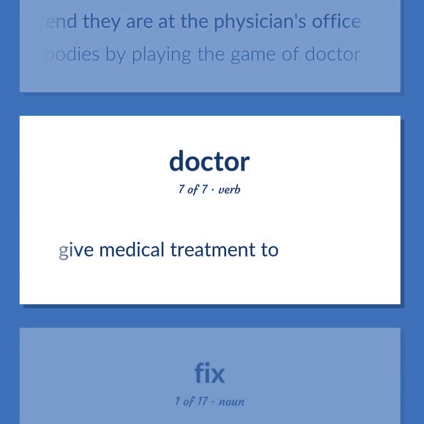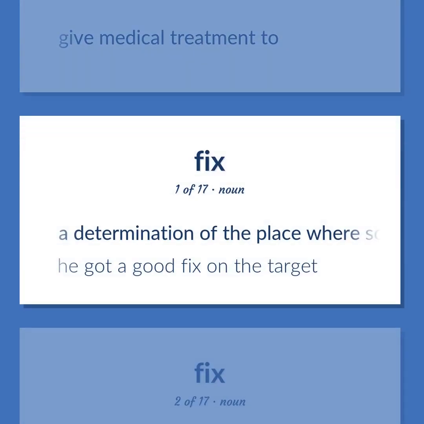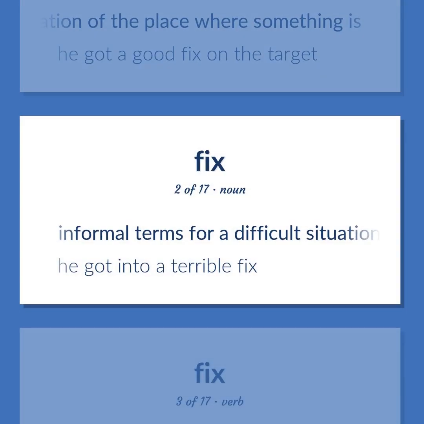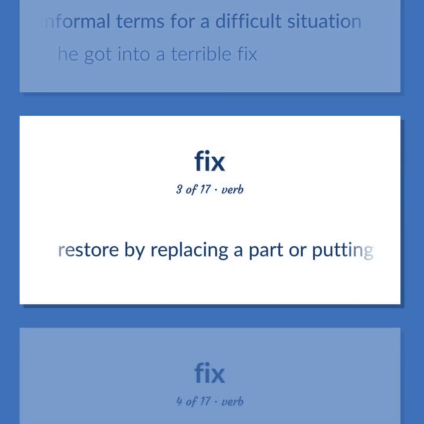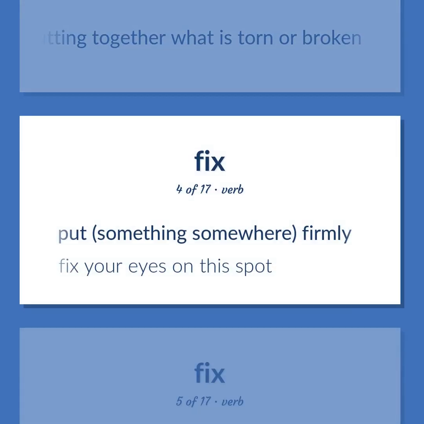Give medical treatment to. A determination of the place where something is. He got a good fix on the target. Informal terms for a difficult situation. He got into a terrible fix. Put something somewhere, firmly. Fix your eyes on this spot.